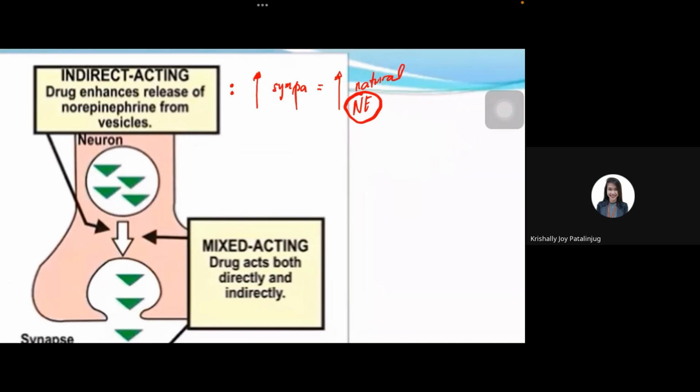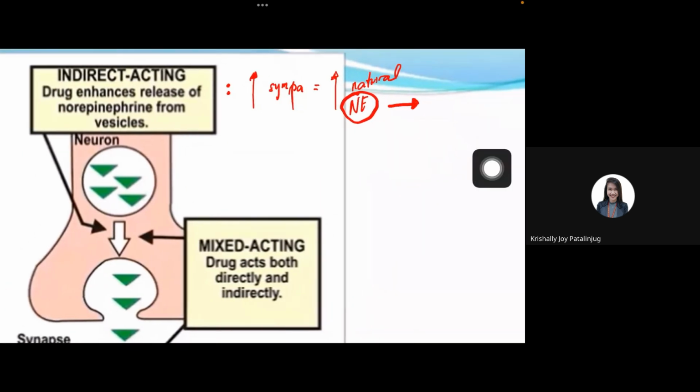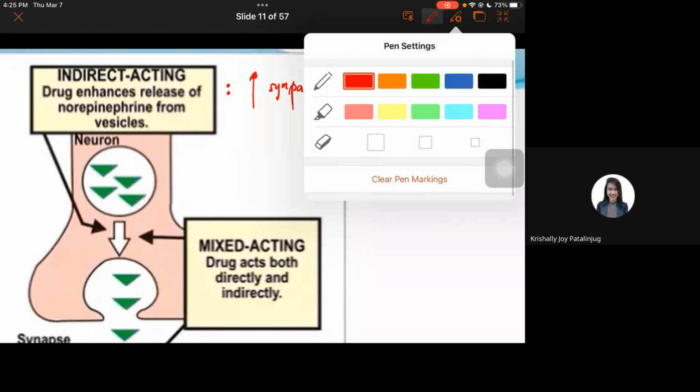So kung marami na yung norepinephrine, that will now be available for binding. Okay, so pag may presence ng indirect acting na gamot, pinapataas niya lalo, kumbaga, than the normal na release, no? Ng norepinephrine, pinapa-enhance niya lalo yung level ng natural norepinephrine. Okay?